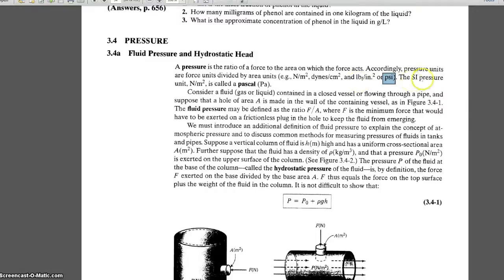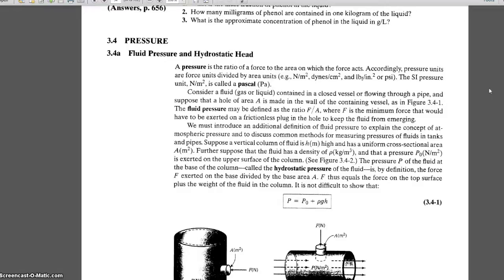In SI, the pressure unit is called Pascal, so Pa. You find this a lot at petrol stations, in kPa, to pressurize your car tires or motorcycle or bicycle.